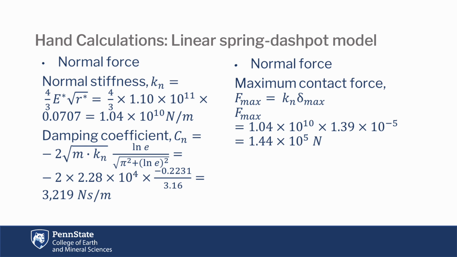We also calculated our damping coefficient, C sub n, with this relationship, and got 3,219 Newton second per meter. Because we said earlier that we only want to look at the normal direction and not the tangential forces, the maximum contact force is 1.44 times 10 to the power 5 Newton.